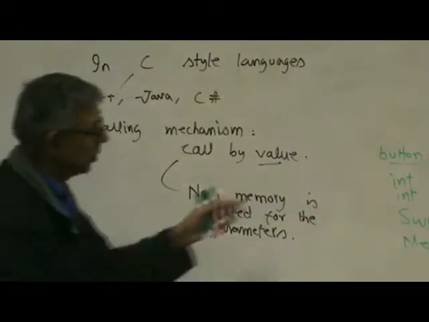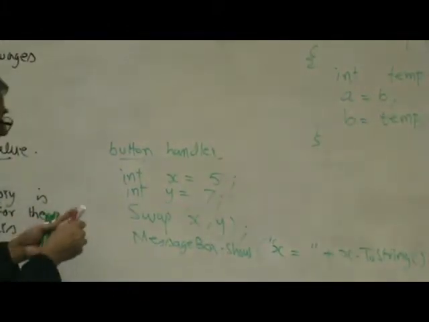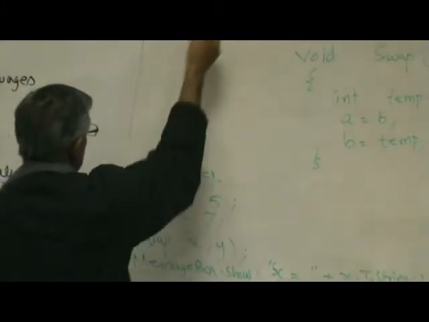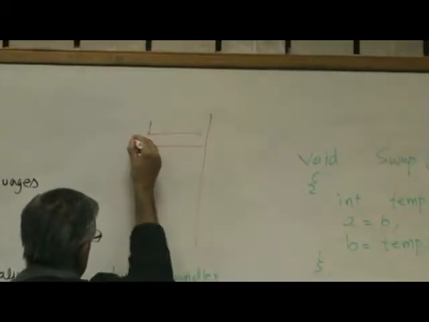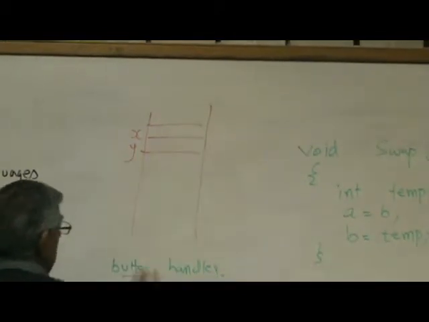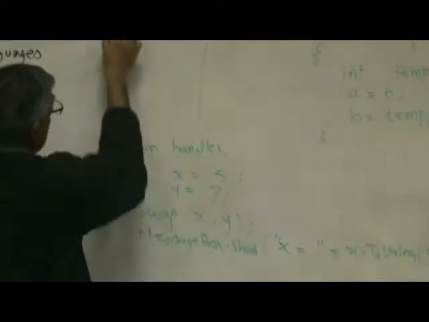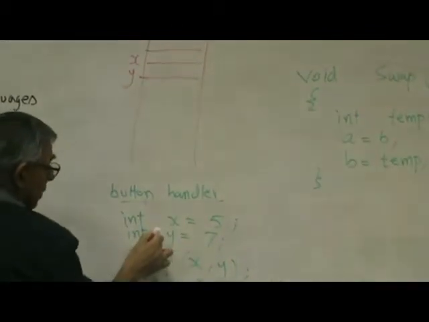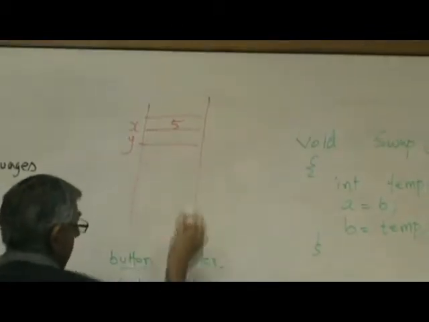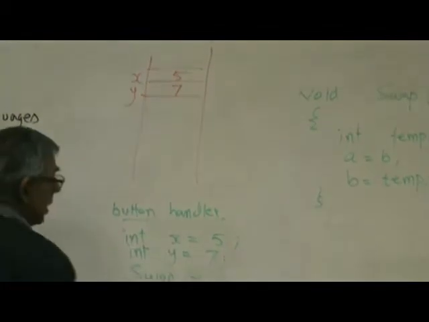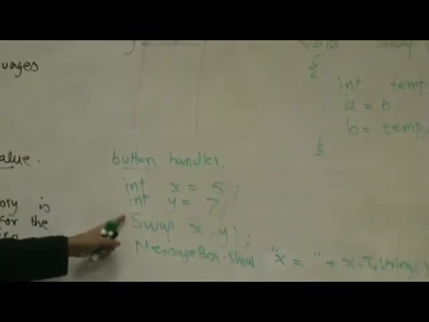To show you this part, if we click on the button, what will happen? Suppose this is the memory of the computer. There's X, there's Y. The computer will allocate memory for X and memory for Y, and store 5 over there and 7 over there. Now it calls the function.